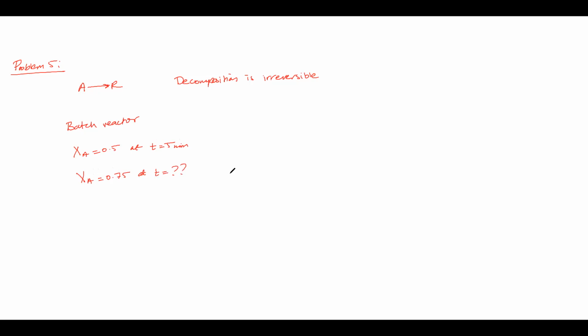Okay, so this goes back to the chapter where we were interpreting batch reactor data. And in this chapter, we said for first order, so I think this was case 1, case number 1 for first order irreversible reaction.